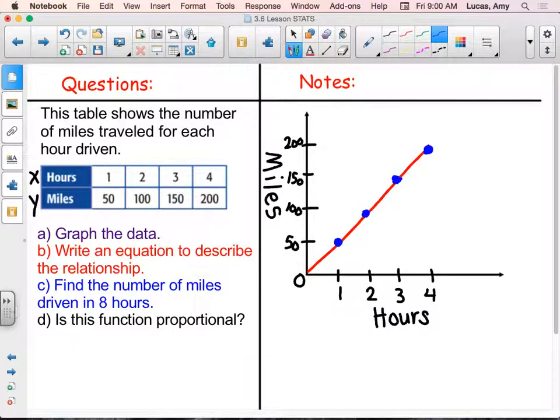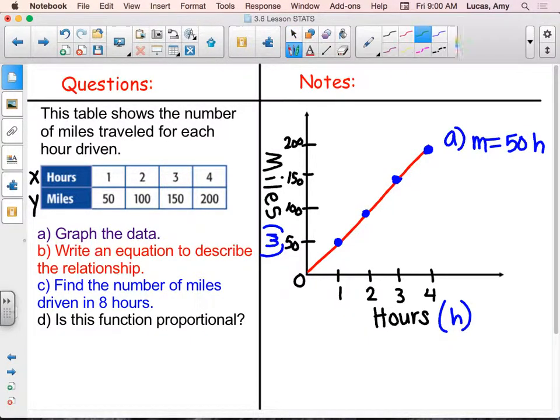Write an equation to describe the relationship. Well, I would say the number of miles, I can use M for miles, and the number of hours, maybe I use H for hours. So it looks to me like the number of miles equals 50 times the number of hours. If you look at our graph, the slope of our line, I go up 50 over 1.